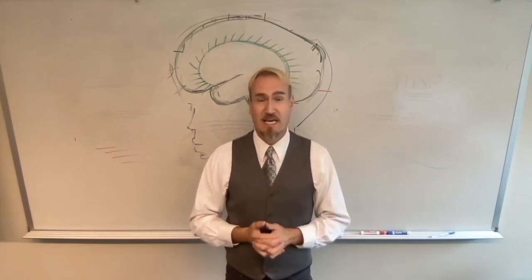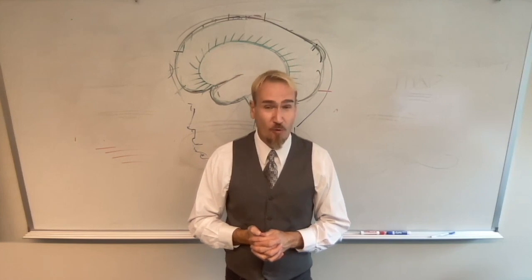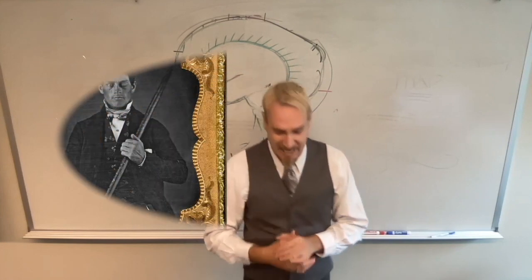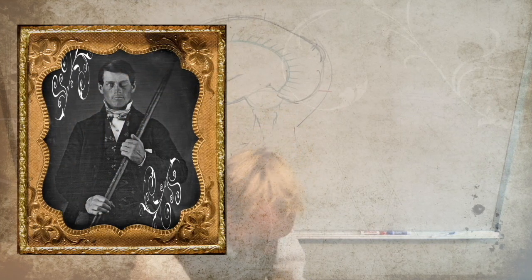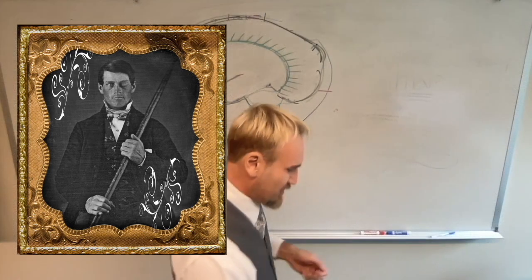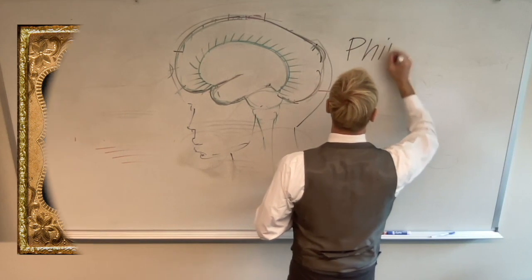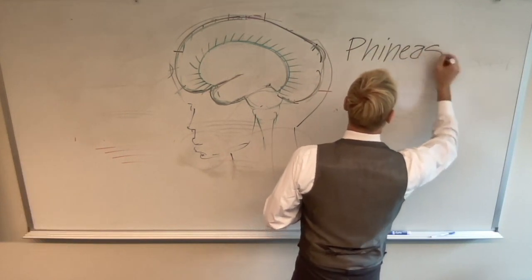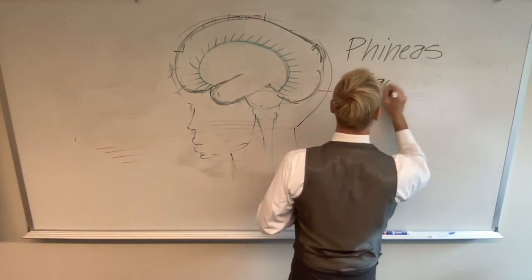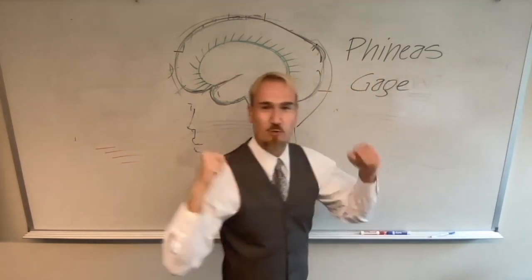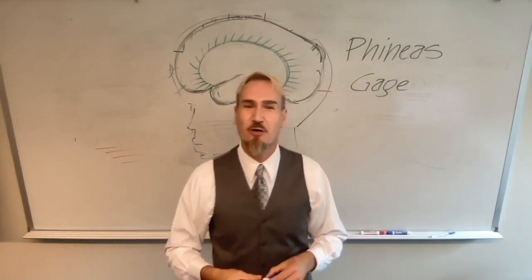The example that I would like you to study on your own is the example of Phineas Gage. Now, this name will be with you hopefully for the remainder of the semester. Phineas Gage, because he is one of our Great Mountain State Vermont heroes, all right?